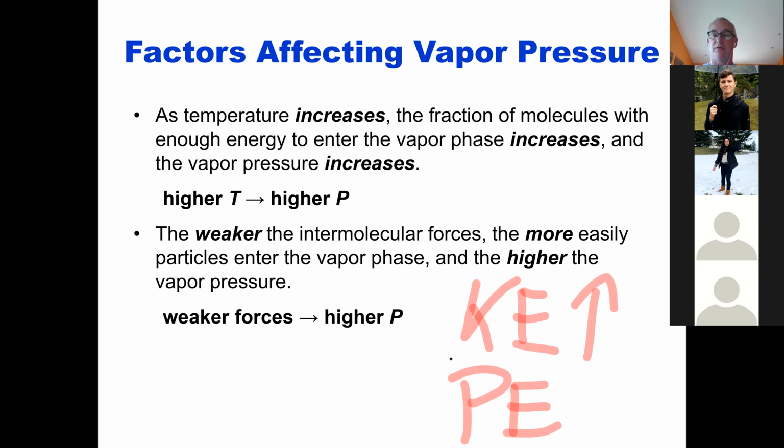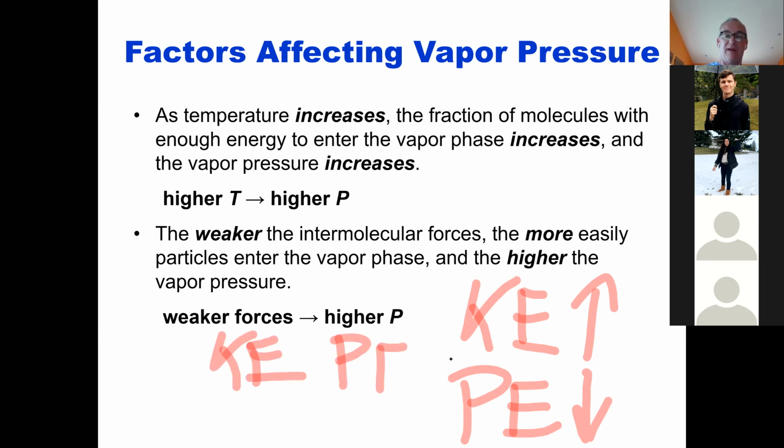It's also true that if you lower the potential energy, you also get more molecules moving from a liquid to a gas. Because like I said, the balance is between KE and PE. And if KE is higher, we're going to see more molecules in the gas phase.